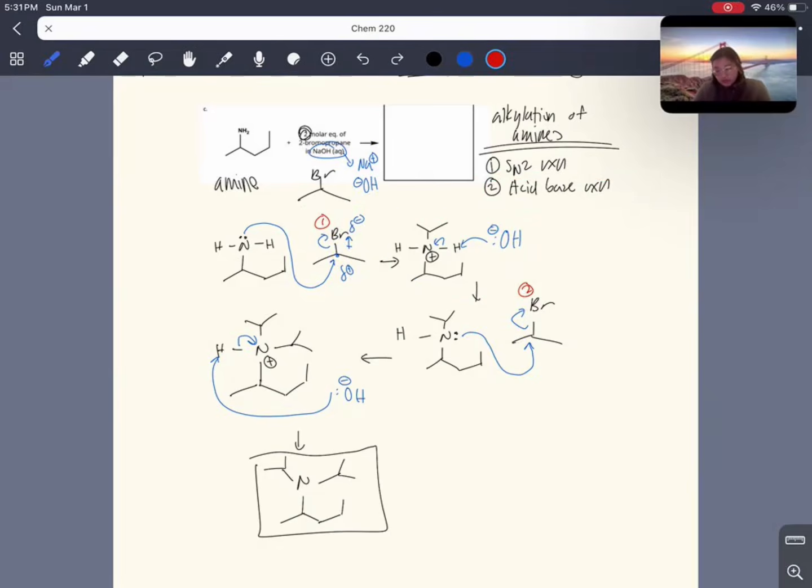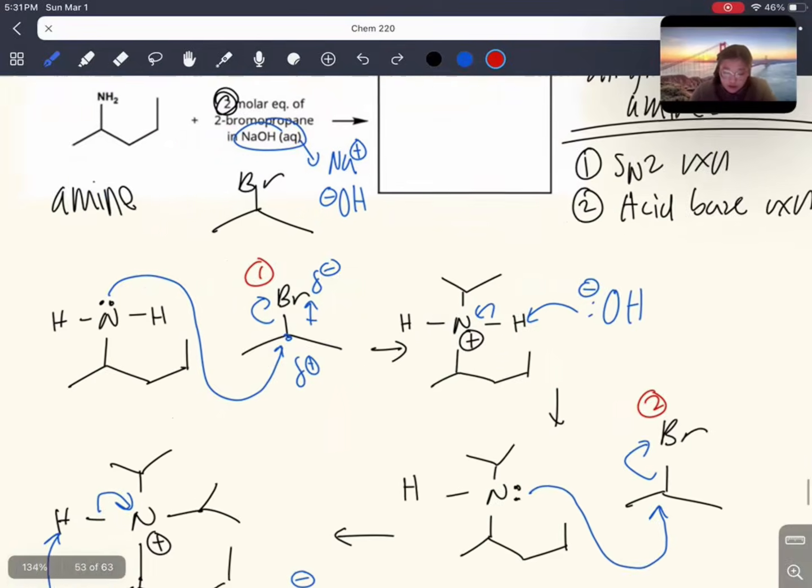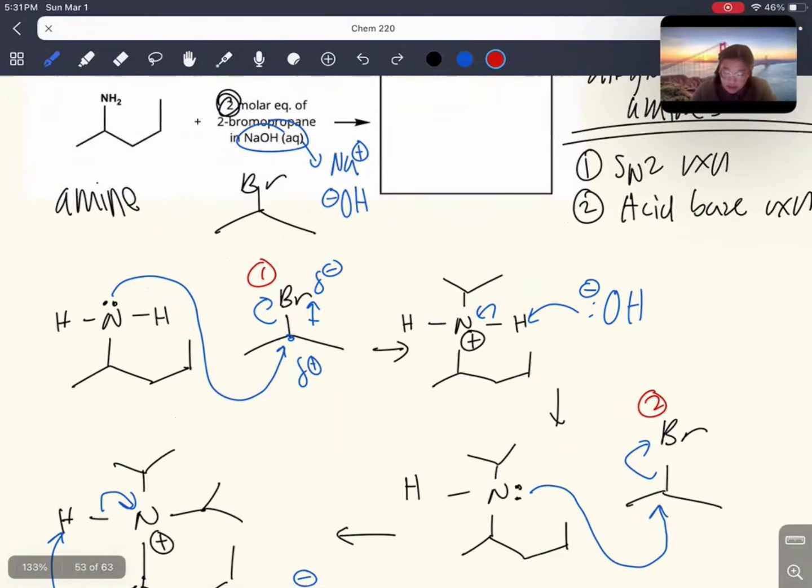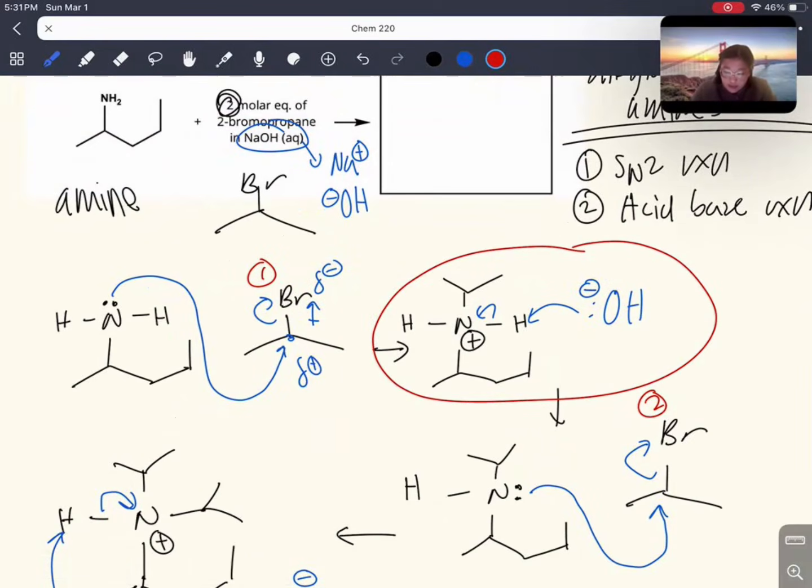Now, the thing to remember about amines is that the reason we were able to pass the second step over here is because we had OH minus to deprotonate the hydrogen and then allow us to have a lone pair available on the nitrogen to do another nucleophilic attack, right?